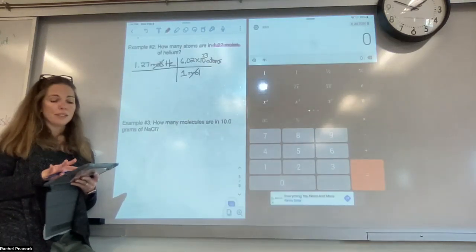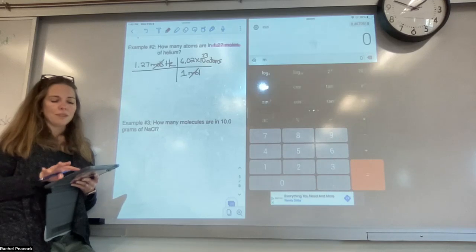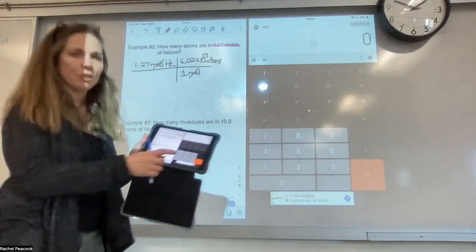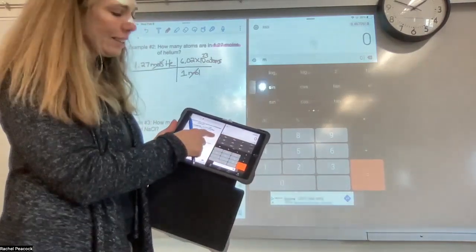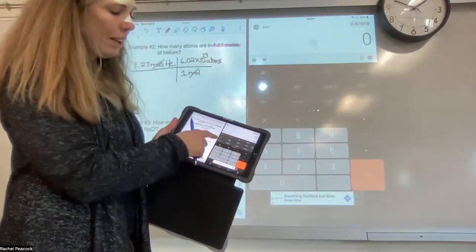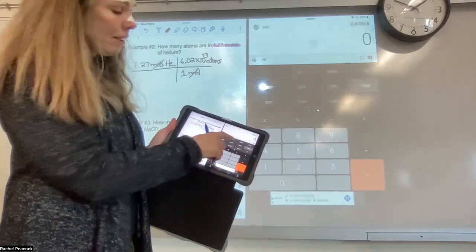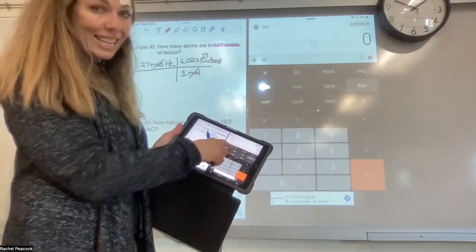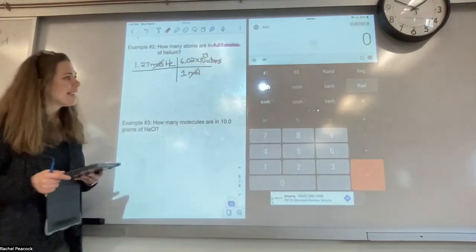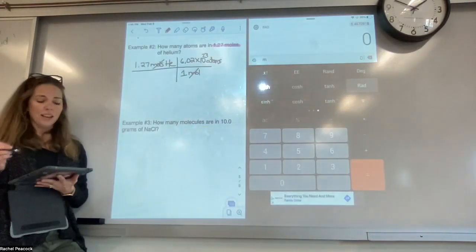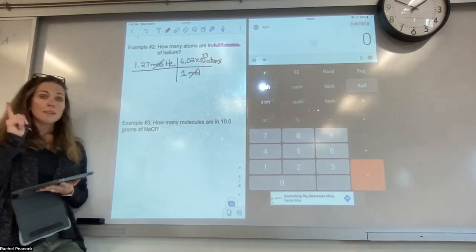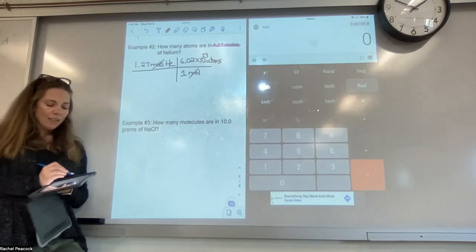Now, because I'm doing a split screen, I'm going to have to scroll. Like, I just want to show you. I don't have all my functions available here. So I can slide to the right and it gives me more functions. The one I'm looking for is EE. Okay. EE is what you use to do exponents on the calculator. Some calculators have it as EXP.